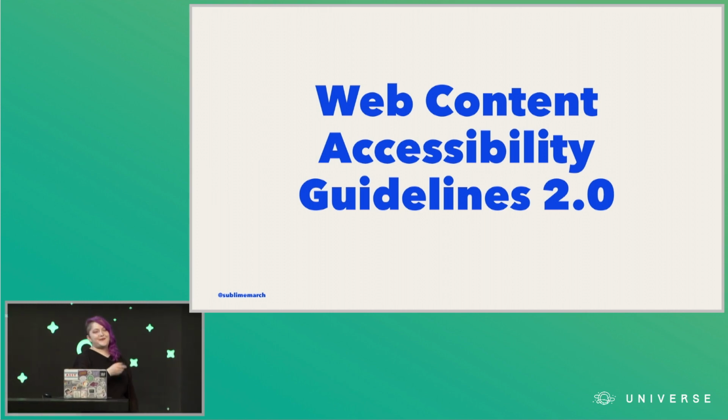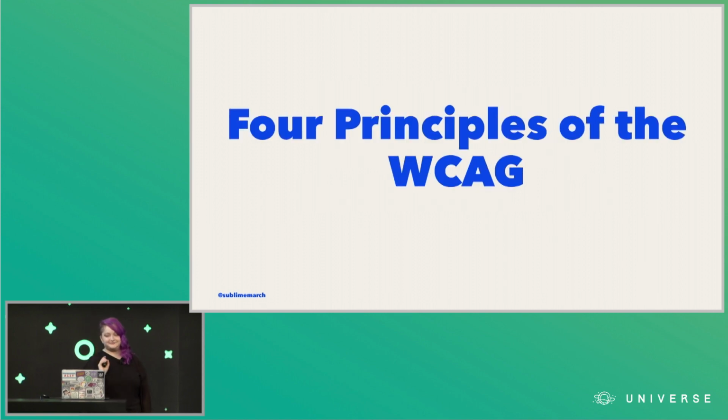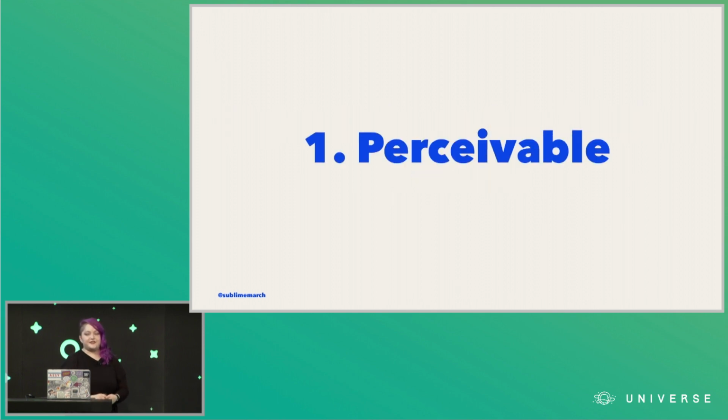Okay, so let's talk about those 4 principles of the WCAG. And again, these are large principles with lots of guidelines underneath them. The first is perceivable. This requires your site be available to senses either through a browser or some form of assistive technology, which we discussed earlier.